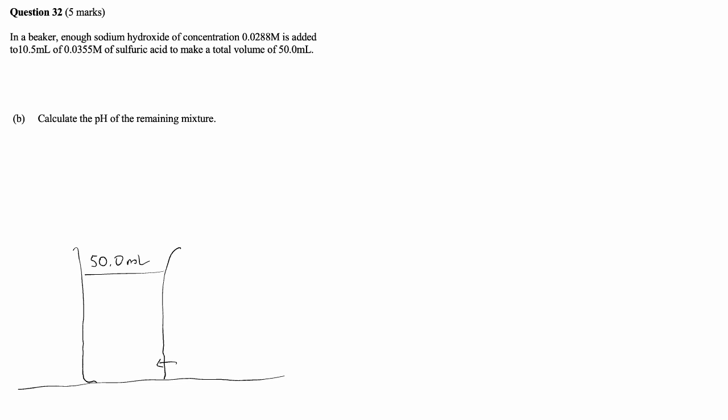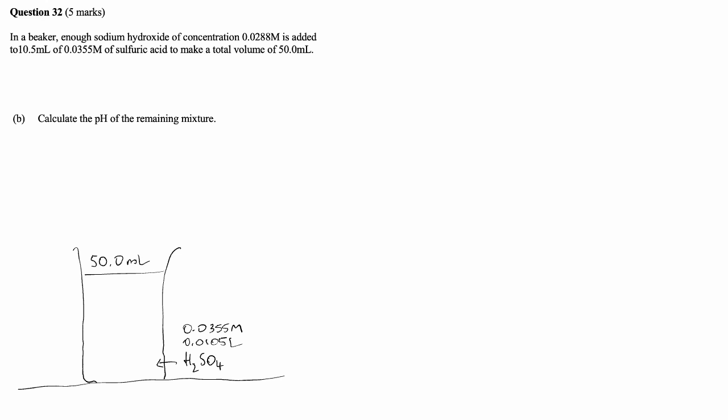In a beaker, we've got 50 mils in total, and we had H2SO4, sulfuric acid in here, and how much did we have? 10.5 mil. We'll turn that into litres now. Why not? 0.0105 litres of it, and what was the concentration? 0.0355.